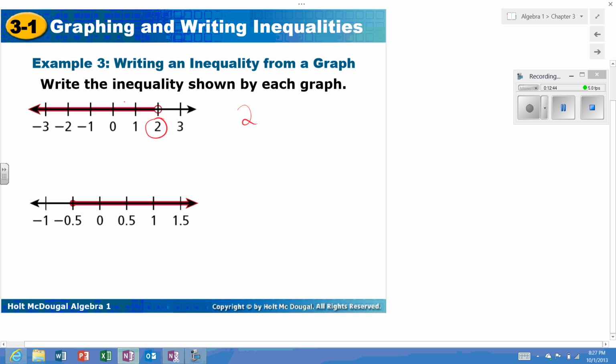Okay, and it's colored, we're coloring everything to the left. So we know all these numbers to the left of 2 are less than 2. Therefore, we're going to say that 2 is less than, and you can pick whatever variable you want. We can just do x. Or you can read it as x is greater, or actually, ignore that. Sorry.